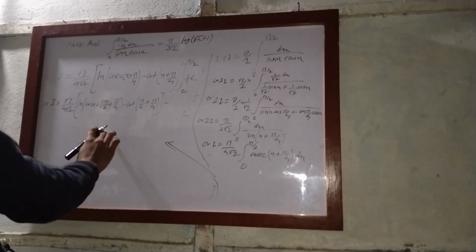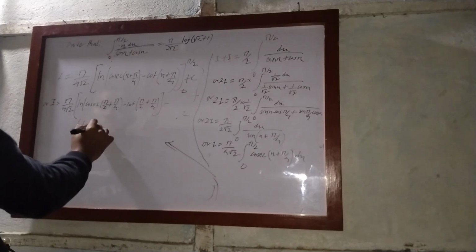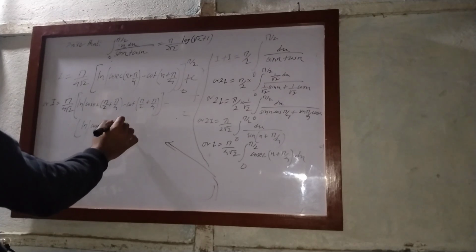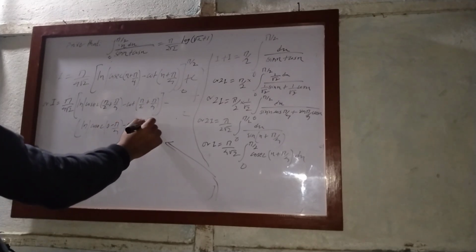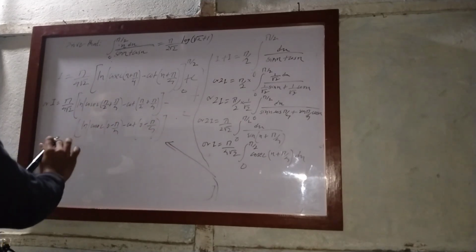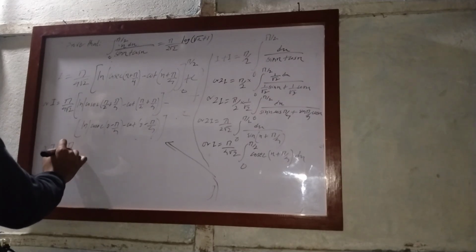Now the lower limit goes here, ln cosec 0 minus pi by 4 minus cot 0 minus pi by 4. Upper limit, lower limit.